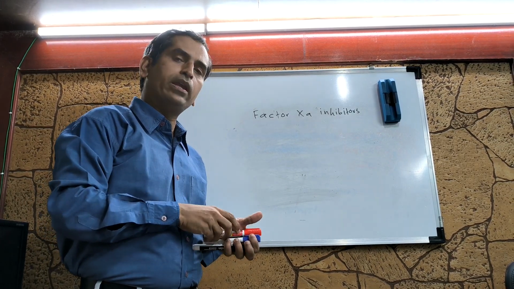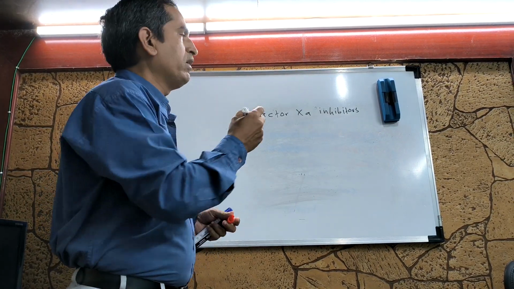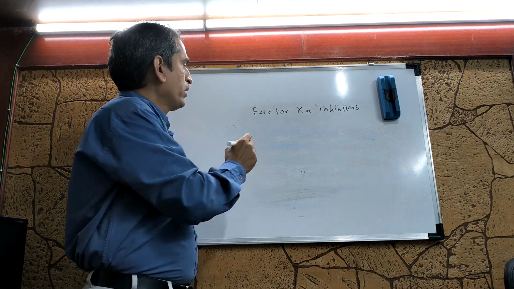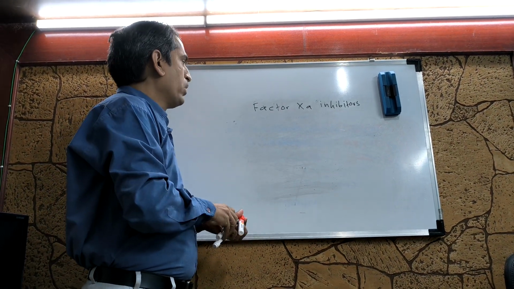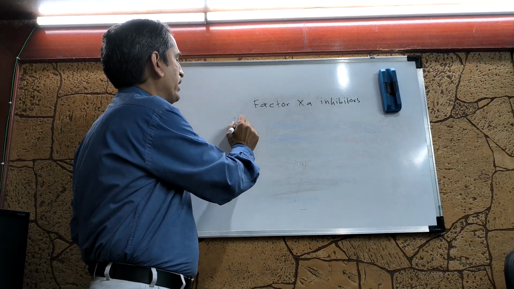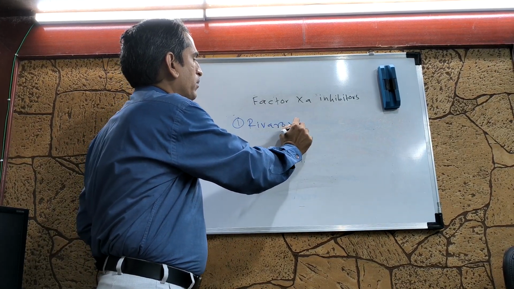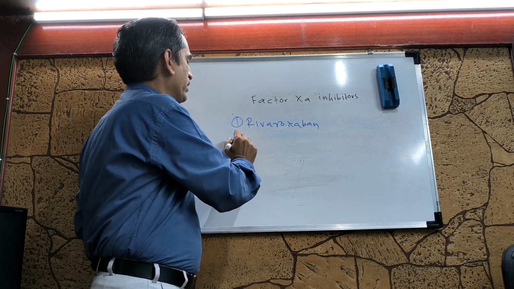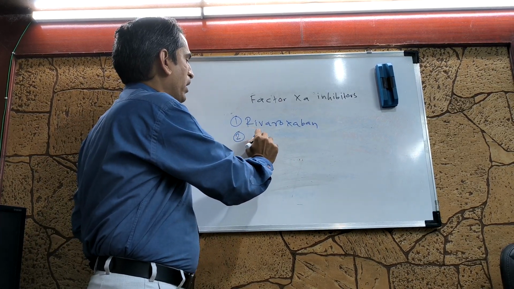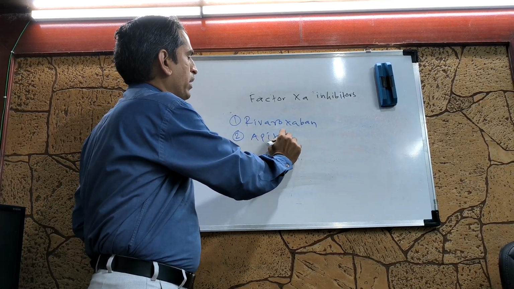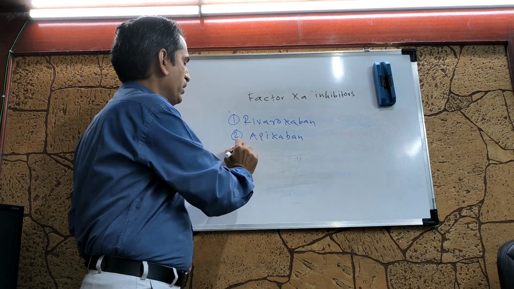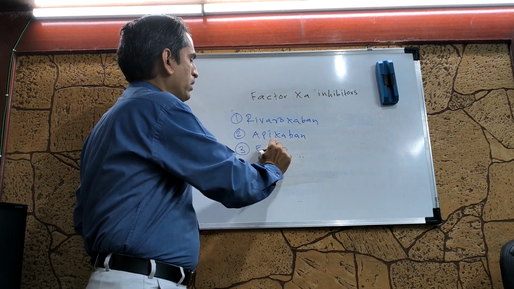Now first I'll tell you the examples of these drugs and then we'll understand how to remember them. The first example is rivaroxaban. Second example is apixaban. Third example is edoxaban.